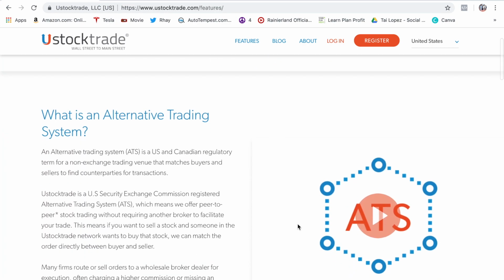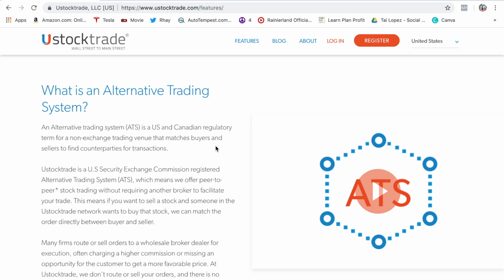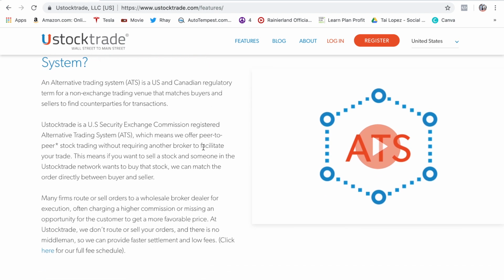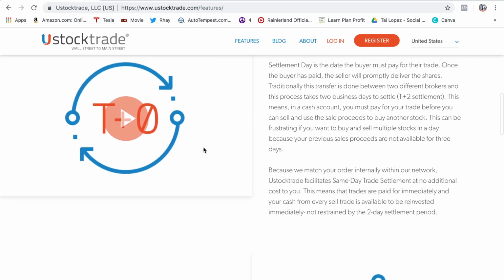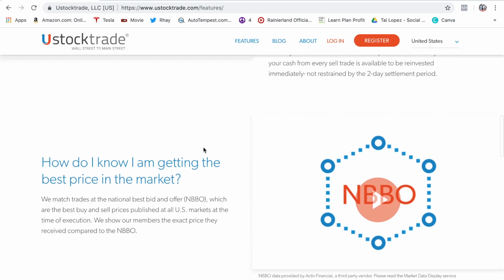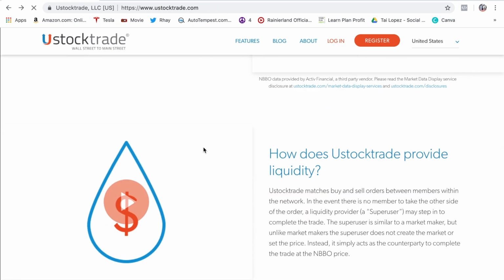It's an alternative trading system, not like other brokers. You're trading with other fellow Ustock members, which is why they get past it. So they have that T+0 rule. A lot of good stuff.